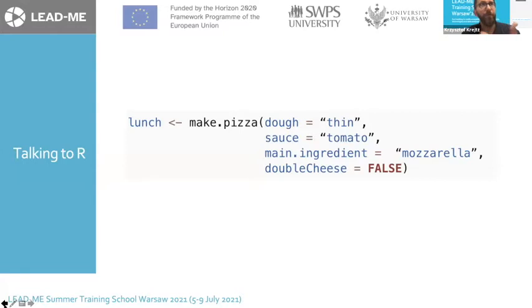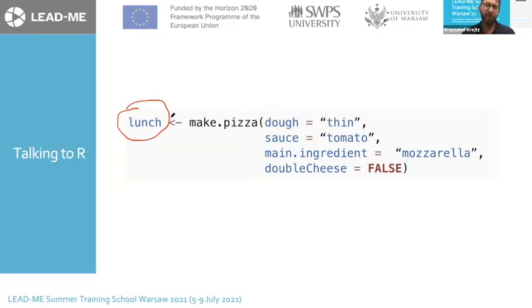Think about it: if you're hungry for lunch and you want to have a pizza, you can think of creating an object which is called lunch. We have the object lunch, and that's our name. We want to have a lunch.